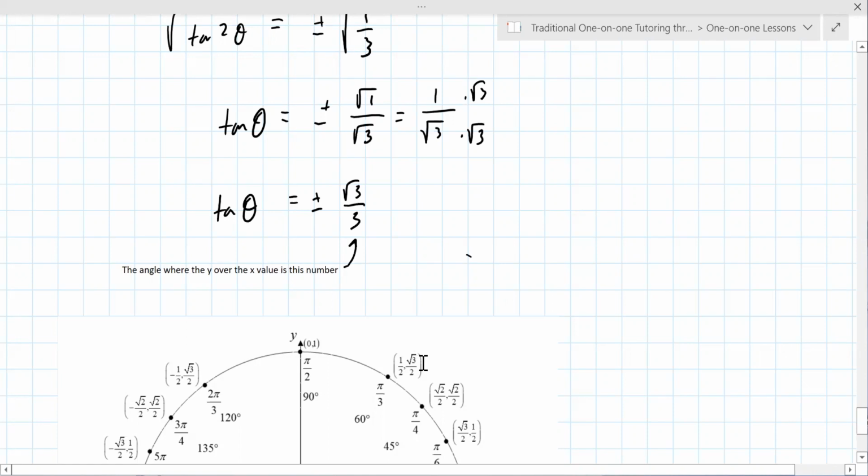Well, if you do 1/2 over square root of 3/2, okay, this reduces to 1 over the square root of 3. Okay, so you're looking where the x value is 1/2 and the y value is root 3/2.